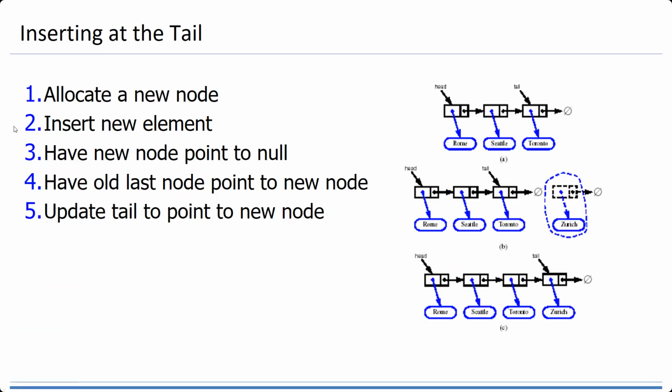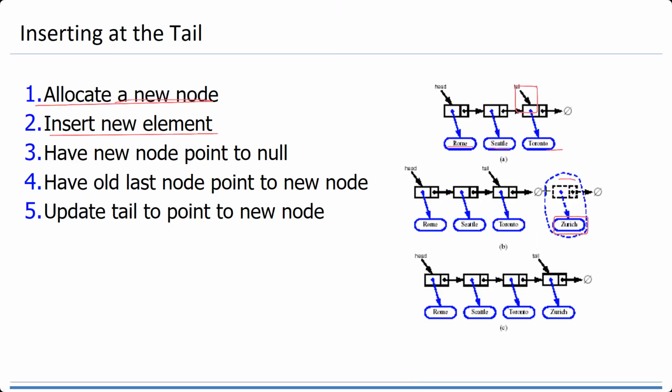Now, when we have a tail, it means the node that is at the end of the linked list. Let's say I'm going to allocate a new node. So after I have Rome, Seattle, and Toronto, let's now put another node, which is Zurich. After I allocate a new node, now let's insert the new element.